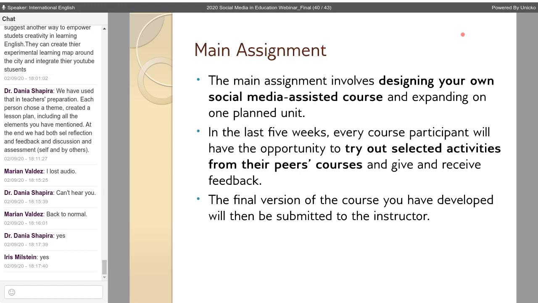So you will put the theory into practice by creating your own social media enhanced activity and experiencing this activity as a student.